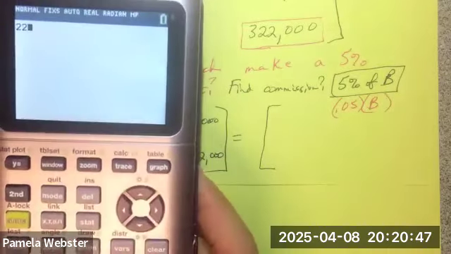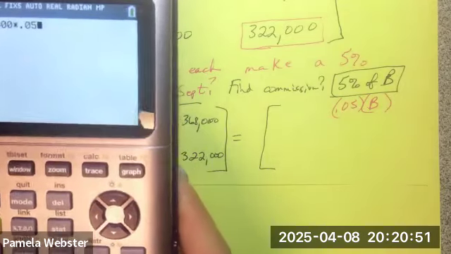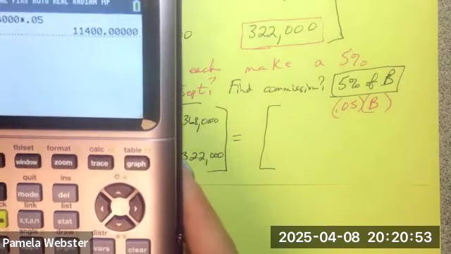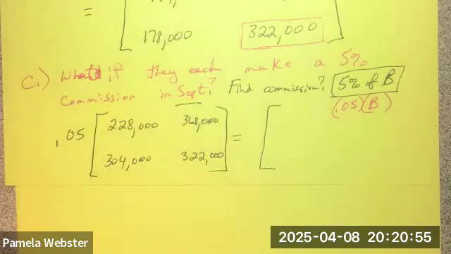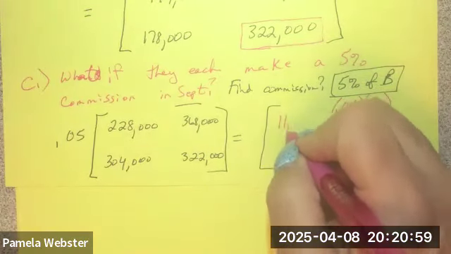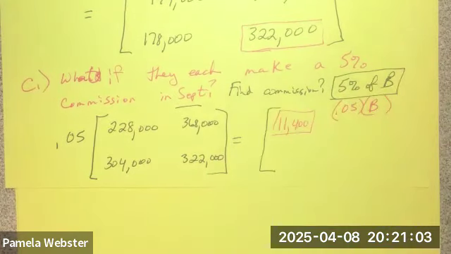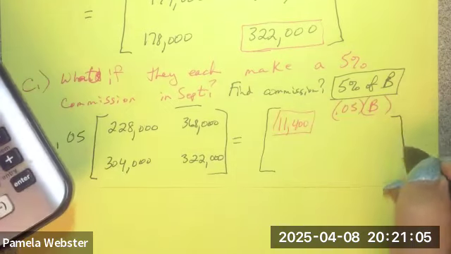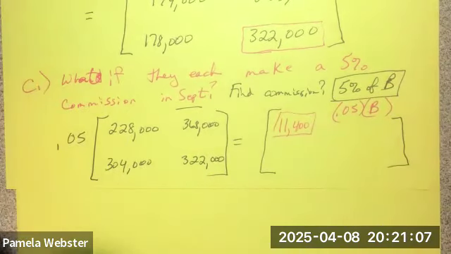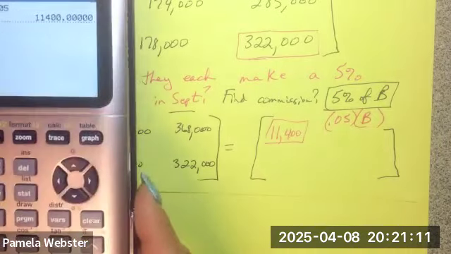So 228 times 0.05. That's $11,400. So for this one right here, Mr. Smith, just on the compact vehicles, at 5% of his sales, he's making for this 1 month $11,400 just in commissions.